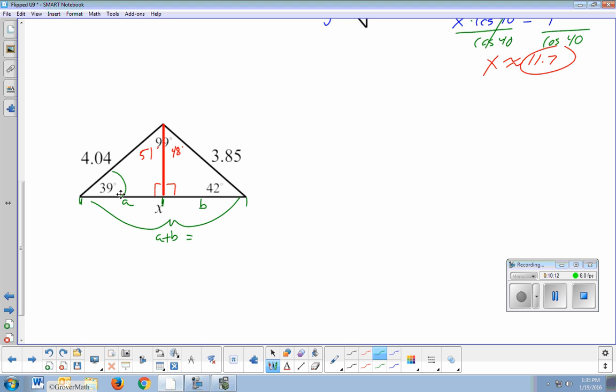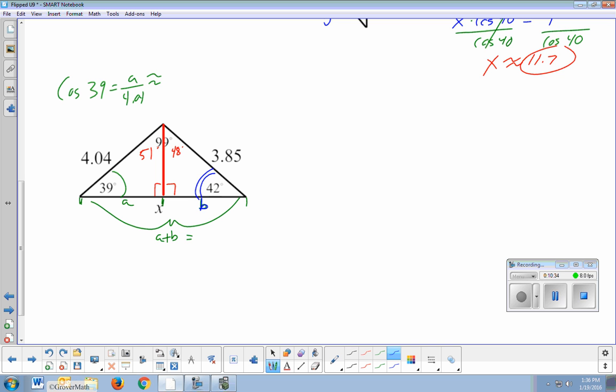If I want to use the 39, that would be cosine 39 equals A over the hypotenuse, 4.04, because A is adjacent to that. And so I can get A this way. Or I could do 51 and do sine 51 is A over that. That would also work.